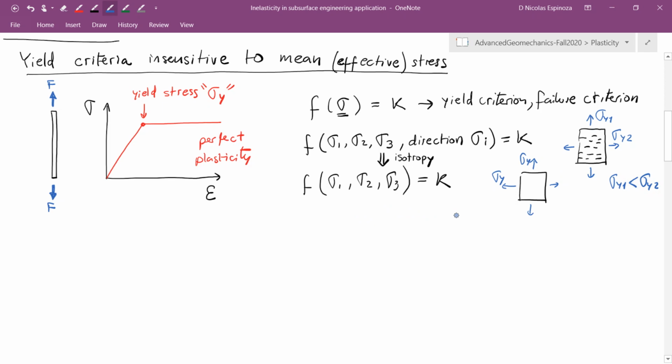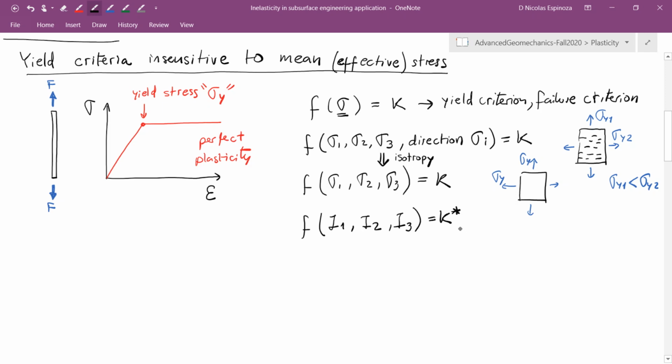You could, for example, write this yield stress with this equation. We have seen that the stress tensor can be also written in terms of the invariants. And still considering isotropy, I could write the same yield criterion as a function of the invariants of the stress tensor I1, I2, and I3, and that's going to be equal to a constant, which is not going to be exactly the one I had before, but it is going to be related to that.